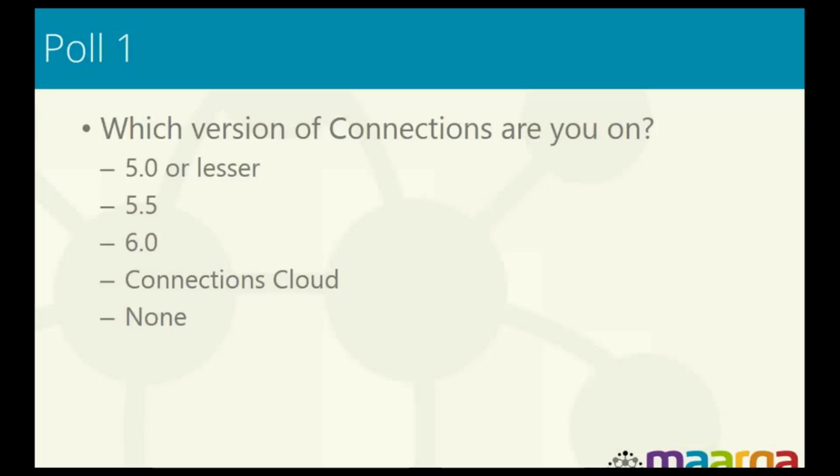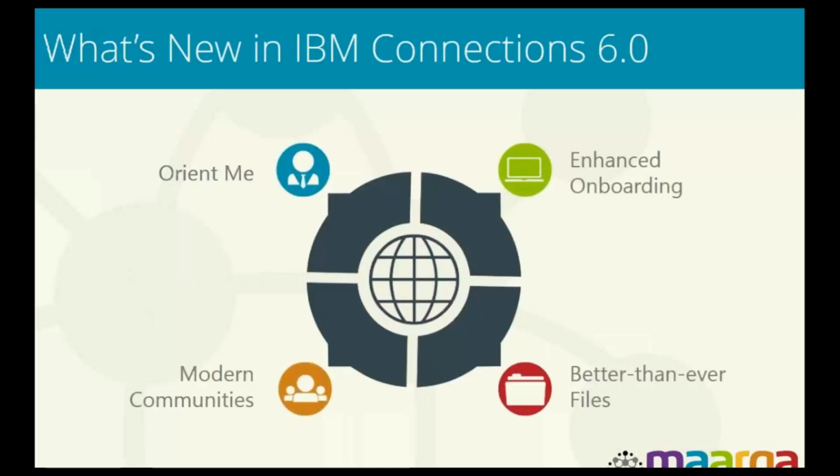This webinar is going to be equally beneficial for people in all of these categories. So here is what's new in IBM Connections 6. The first one, as we said, the most talked about feature, is Orient Me. We have slides detailing the features, the advantages, and the use cases that we have picked.